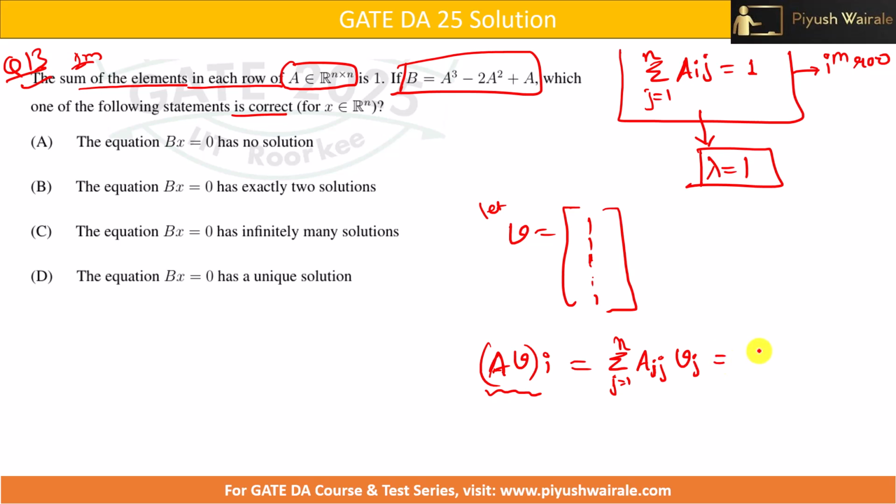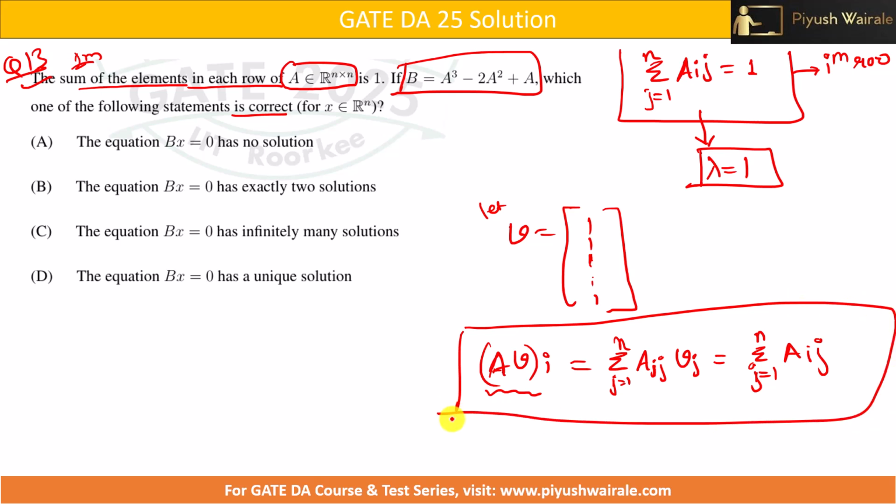So it equals the summation of j varying from 1 to n of A i j. This is what we get for the ith row. And that is nothing but equal to 1. This is given to us, right? This equals 1. It means A into nu equals 1 here, right?